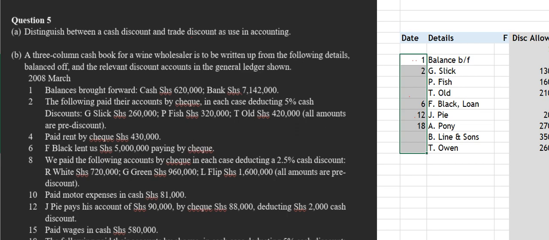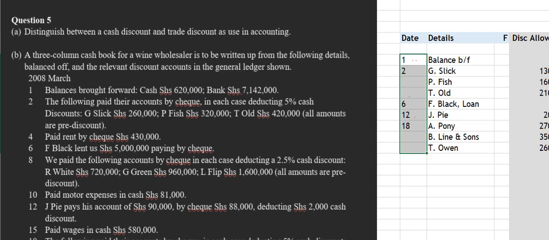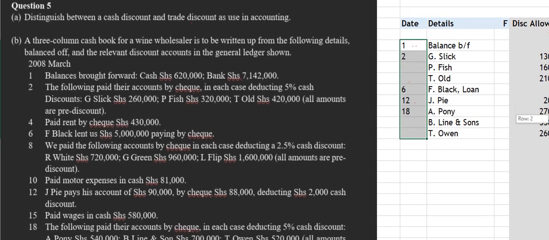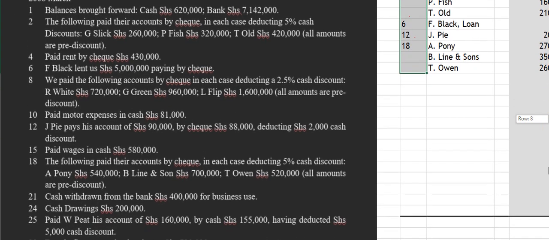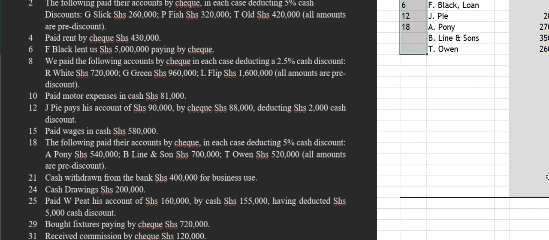Then from there, what else do we have? Let's look at the next transaction. Cash withdrawn from the bank, shillings 400,000 for business use.